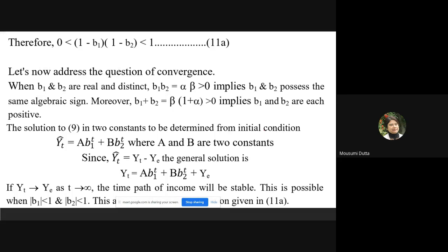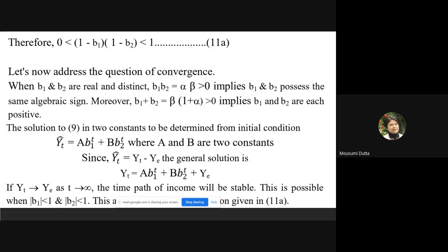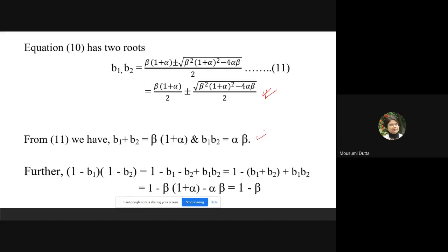If you follow the norm of MPC, marginal propensity to consume, beta lies in between 0 and 1, so this product also lies in between 0 and 1, and I am calling it equation number 11A.